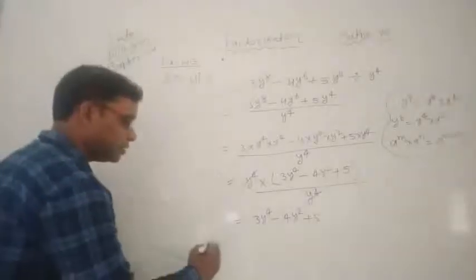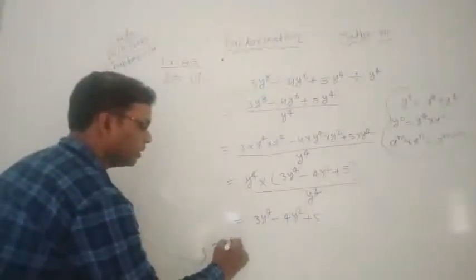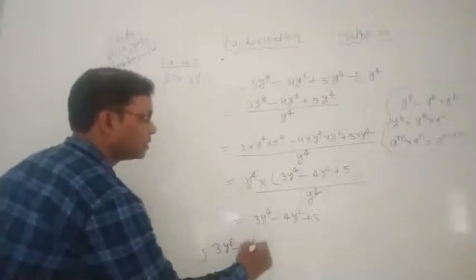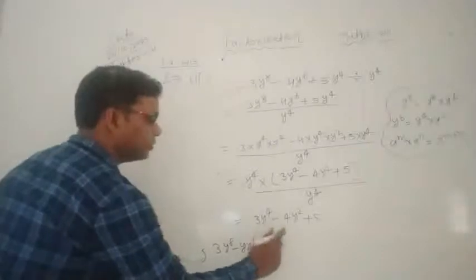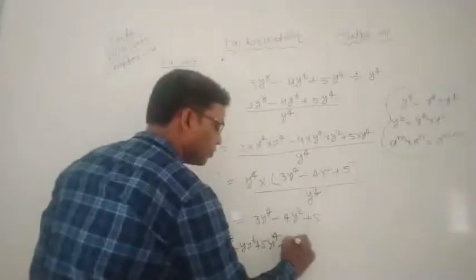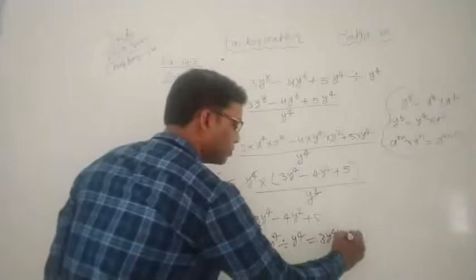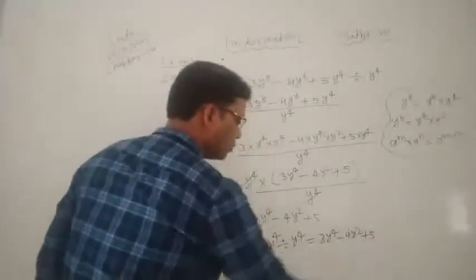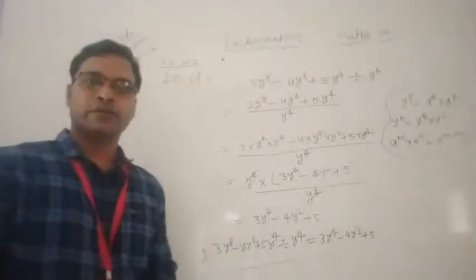So hence at last we can write: 3y power 8 minus 4y to the power 6 plus 5y to the power 4 divided by y power 4 gives 3y power 4 minus 4y square plus 5. So student, this is clear now.